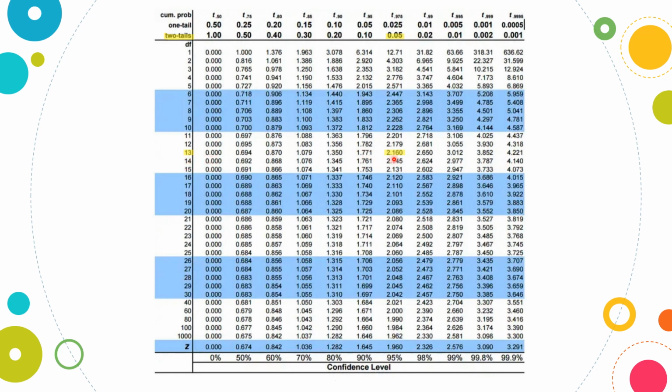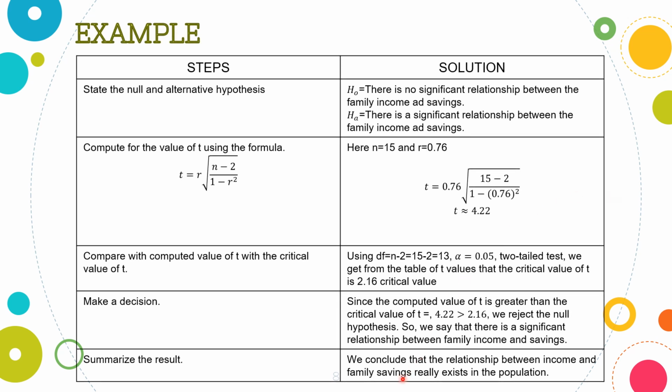Here they meet. That's why our critical value is 2.160. That is how we got the 2.160 earlier. Okay? So, we already compared. We got the critical value and we also have the value of our computed t. We then make now our decision.